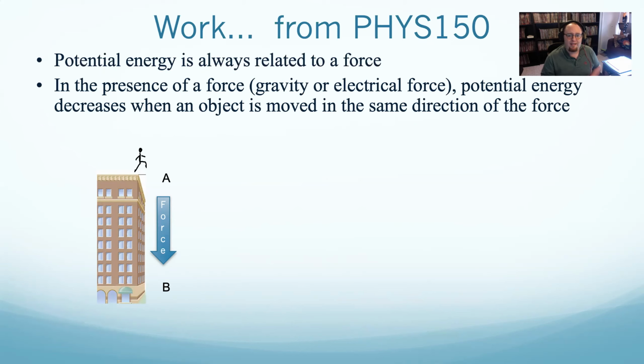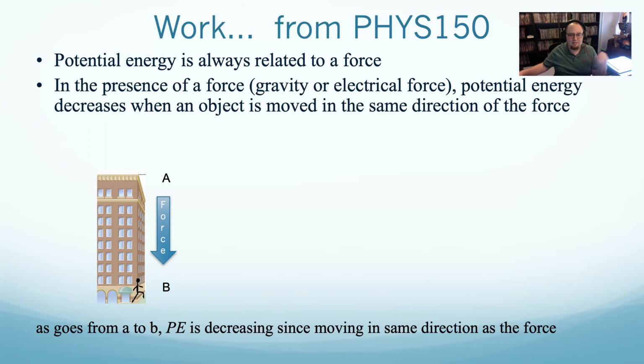But either way, when you're in the presence of a force, potential energy will decrease when you're moved with the force. Gravity pulls the ball down, and therefore its potential energy decreases as it moves down. So as this guy goes down, he goes with the force, he decreases potential energy. When you go from A to B, the potential energy decreases.